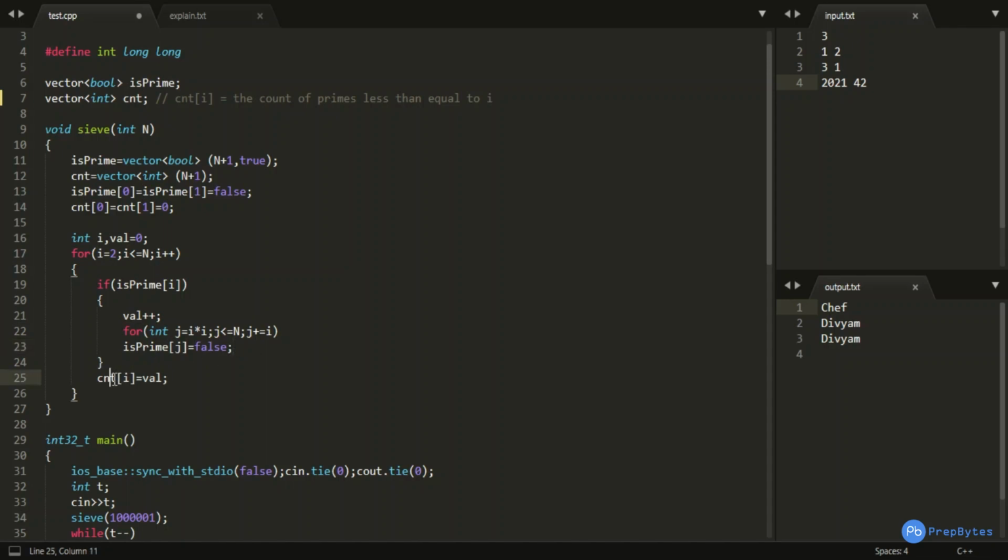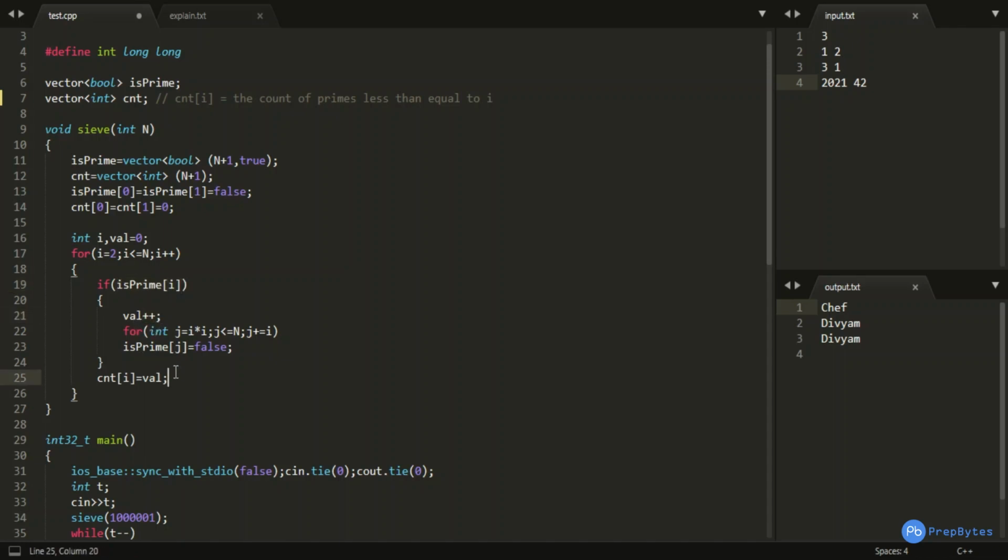And finally, I am making count of i as well, because count of i is storing the total number of primes less than or equal to i, right? And here I am incrementing my val only when some prime comes at my ith index. Whenever isPrime is true, then I am incrementing this val value.